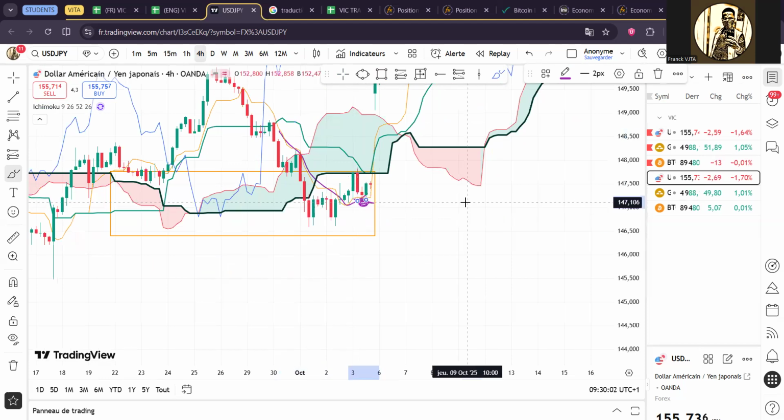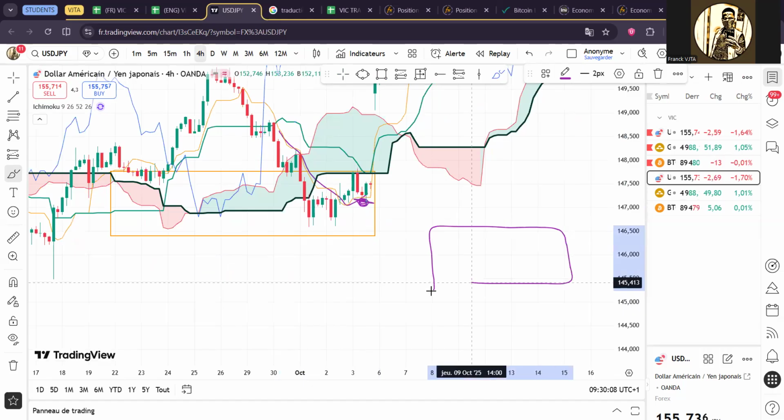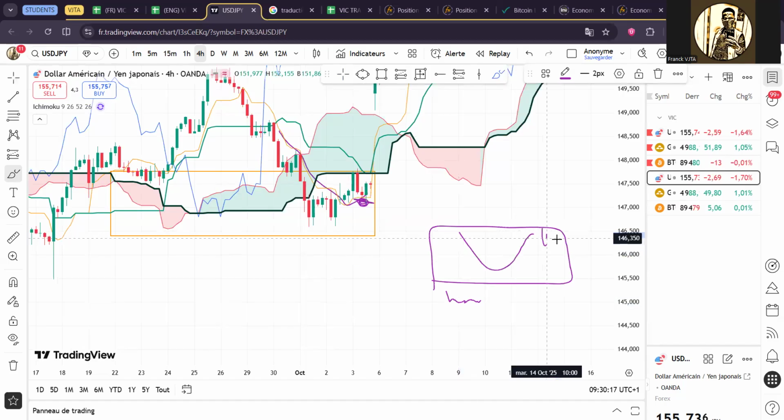So what you have is basically a rectangle that signifies the higher time frame, the weekly setup, touch of the Ichimoku line. And then you have something like this for the H4. And then you buy when the candle touches this inverted tenkan.